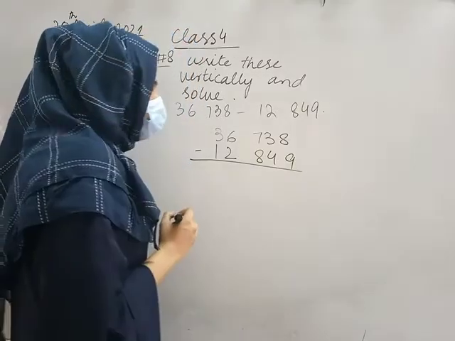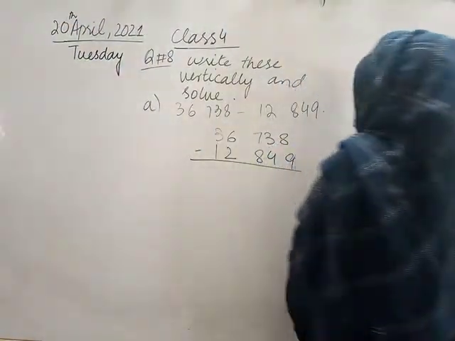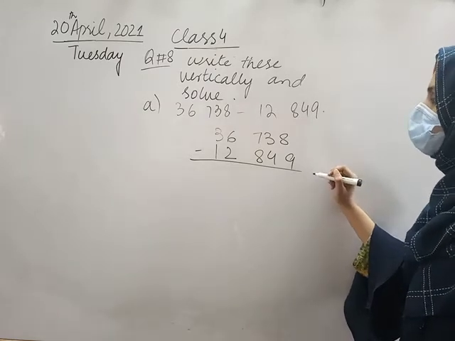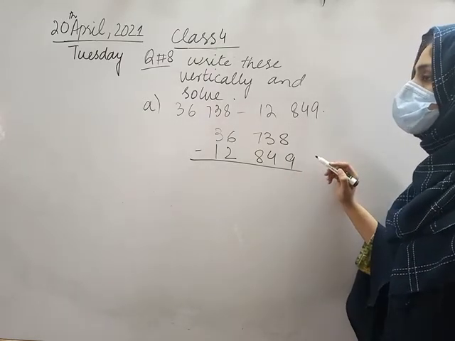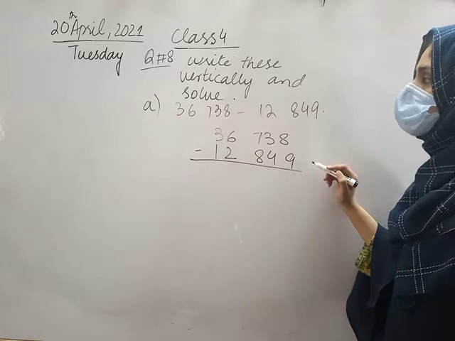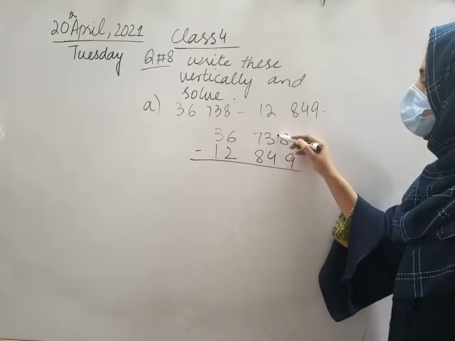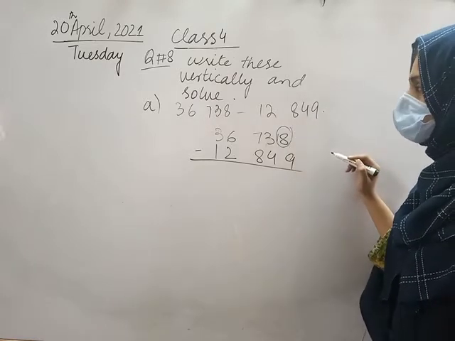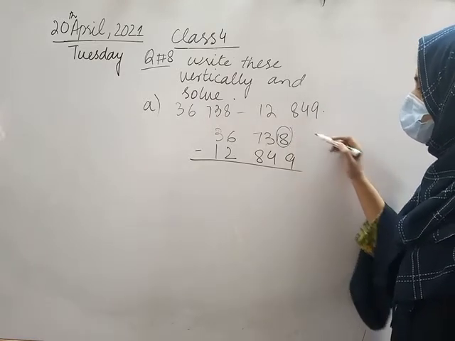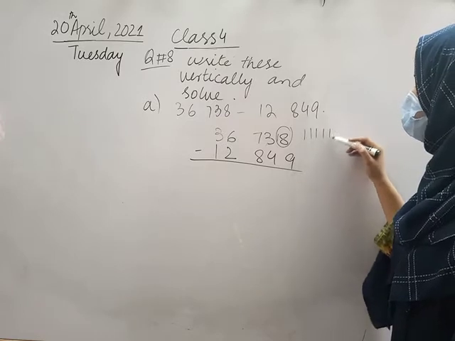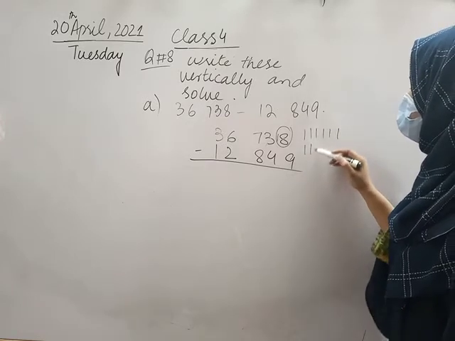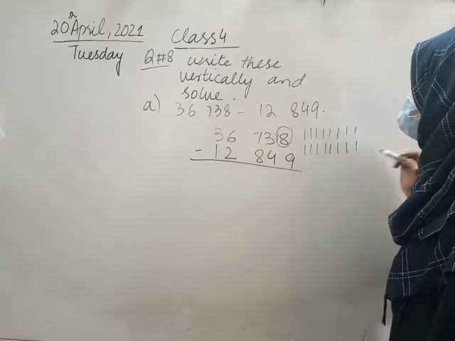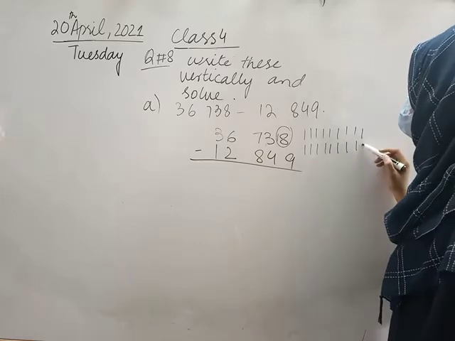Fine. Now I am going to start from this side which is 8 minus 9. So is it possible to subtract 8 minus 9? No. So that's why we will take carry from this number and this will make 18. 18 minus 9. 1 2 3 4 5 6 7 8 9 10 11 12 13 14 15 16 17 18.